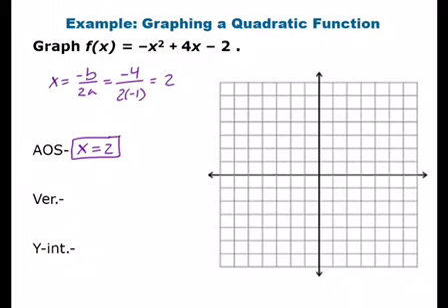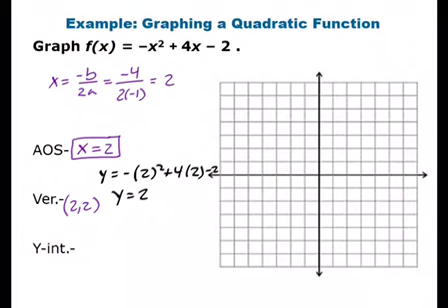Then I'm going to plug in that value to find my vertex. So y equals negative 2 squared plus 4 times 2 minus 2. In this case, I'll evaluate my y value, and I'm going to get y to equal positive 2. So that tells me that my vertex has a coordinate of 2, 2.